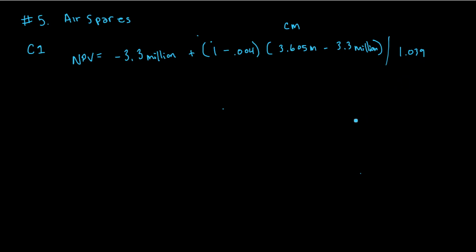So we can see that the net present value in this case is going to equal $489,230.77. And again, that's per unit, or per engine.